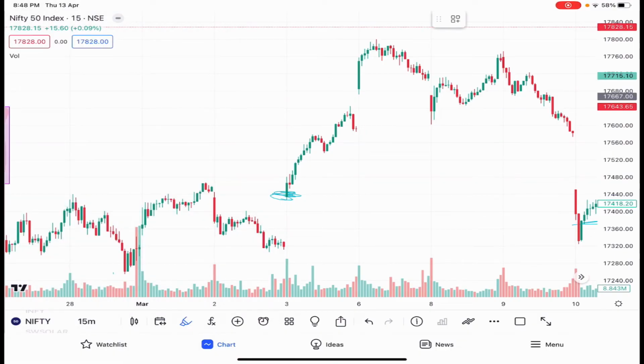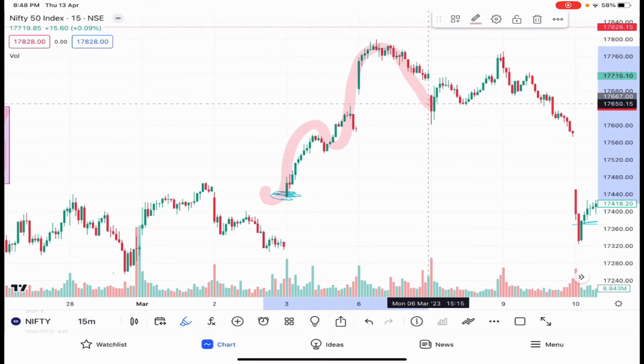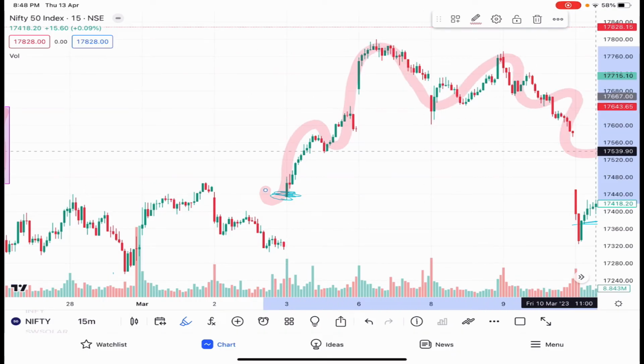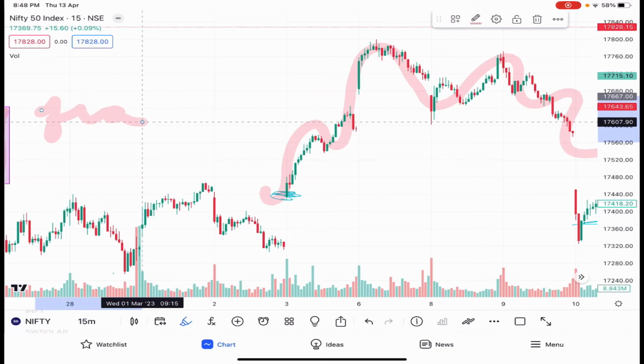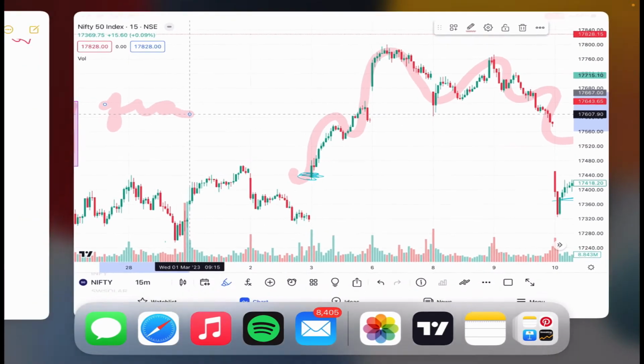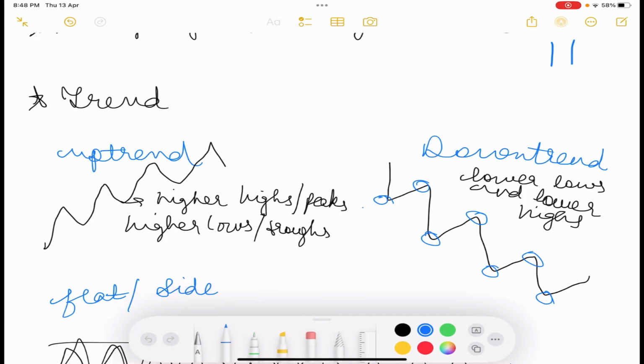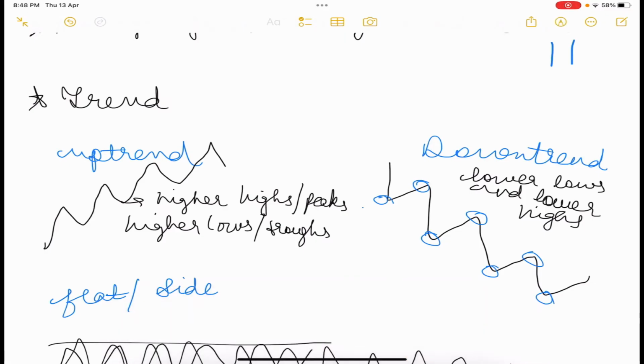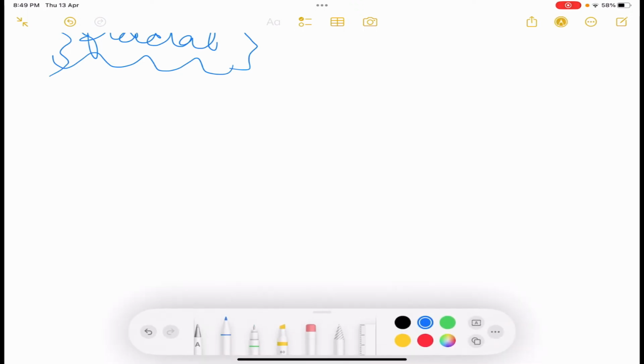We can mark trends over here as well. So no matter what time frame you go to, you can mark the trends. You can use technical analysis. This is what is known as the fractal nature of technical analysis.